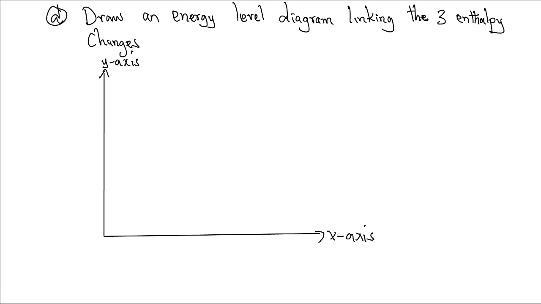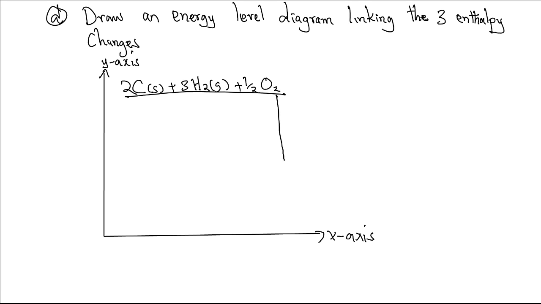so we have carbon 2 moles plus 3 moles of hydrogen reacting with half a mole of oxygen to give ethanol.